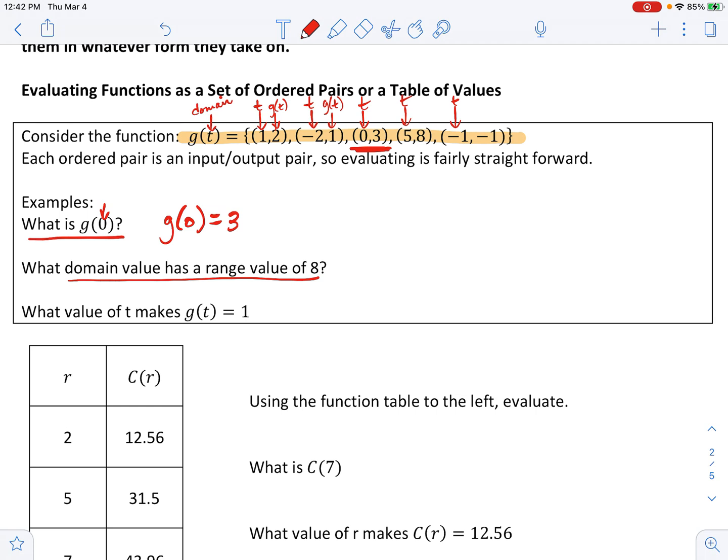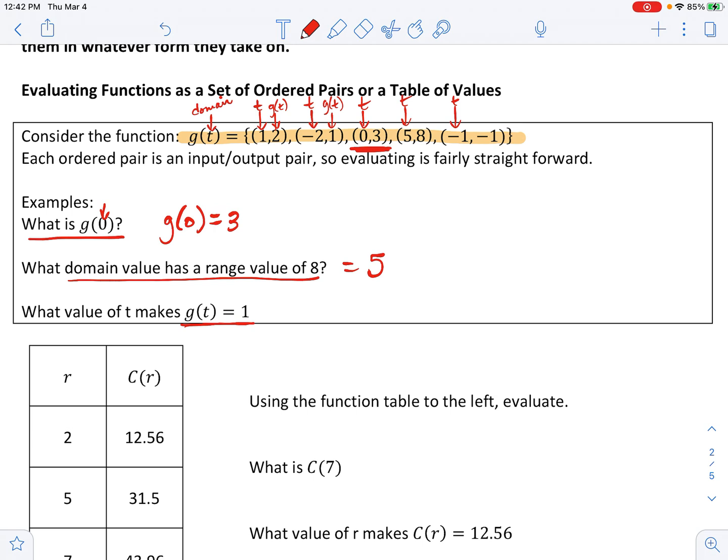What domain value has a range value of 8? Okay, well, remember domain is the first number, range is the second number. So we look for the pair that has 8 as the second number, and it turns out that the input value or the domain value is 5. What value of t makes g of t equal to 1?